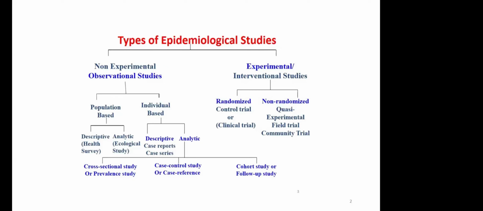So we said they are broadly categorized into two groups. Either observational studies, where we don't interfere, we don't give an intervention, we just watch and observe characteristics of study participants. And observational studies can either be population-based or individual-based. And then individual-based can further be described as being descriptive.